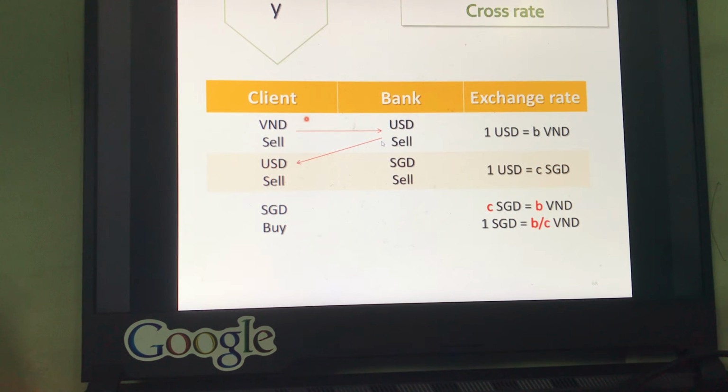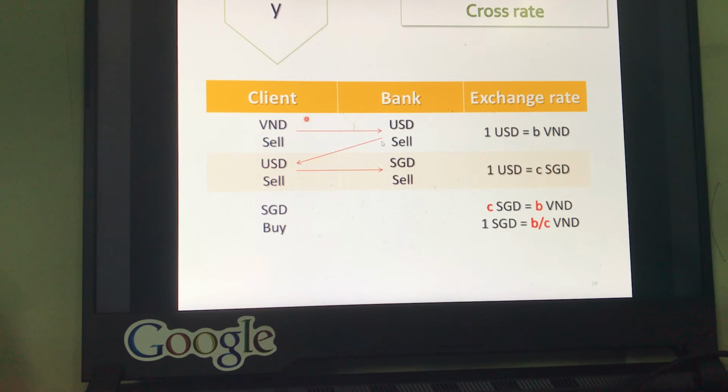Okay, so after the first transaction, the client holds USD in hand. Okay, and in the next transaction, the client will sell the USD to the bank. Okay, in return, the bank will pay to the client the dollar Singapore, the SGD.